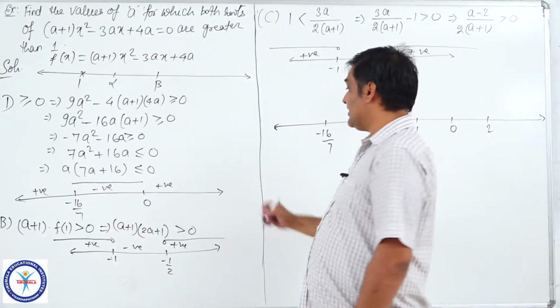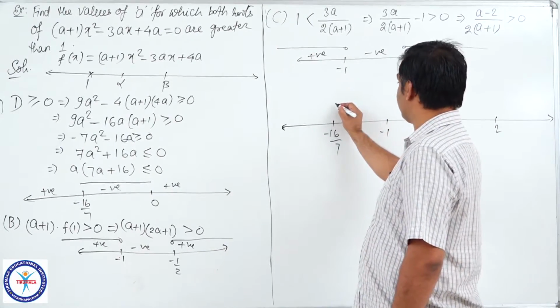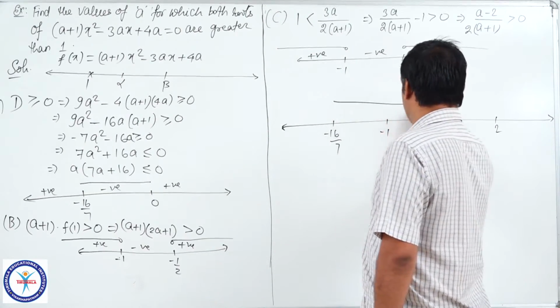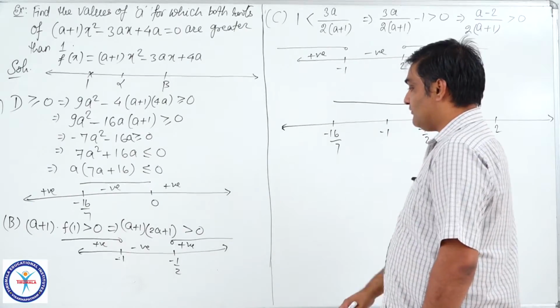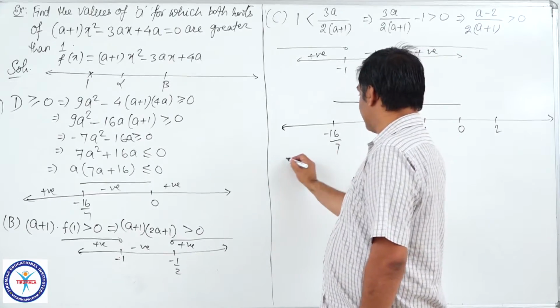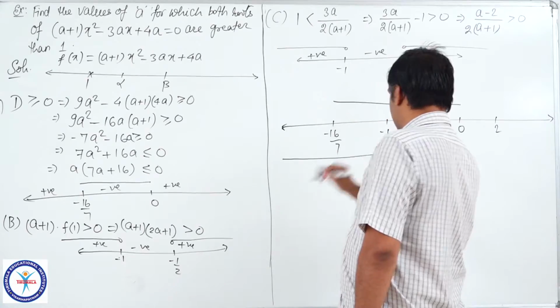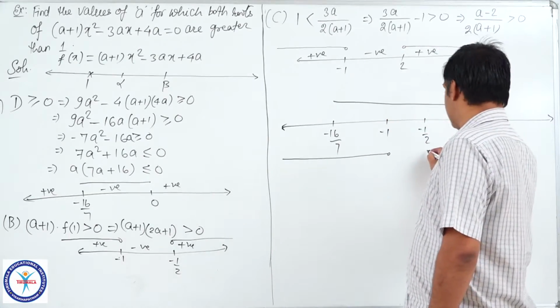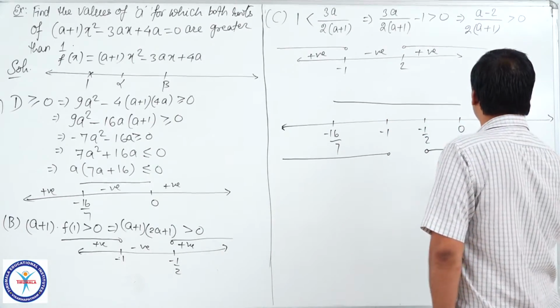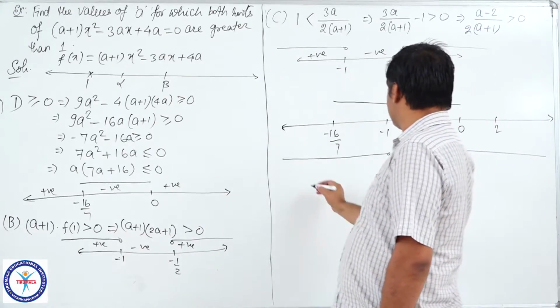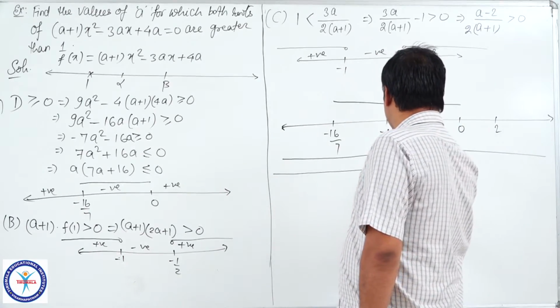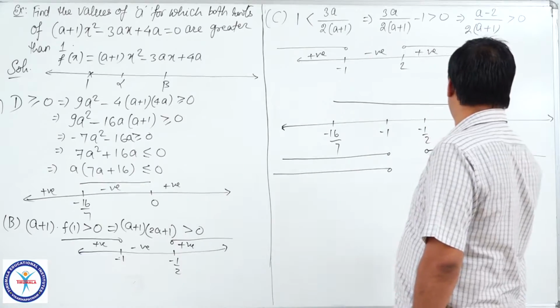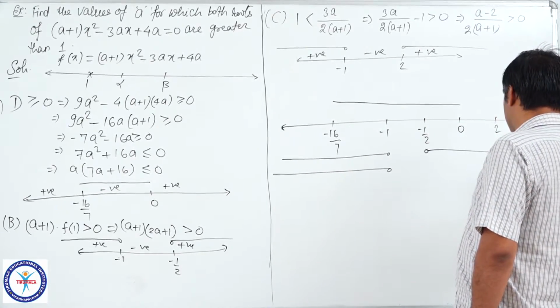From the first condition, −16/7 to 0. From the second condition, up to −1 and after −1/2, and from the third, up to −1 and from 2.